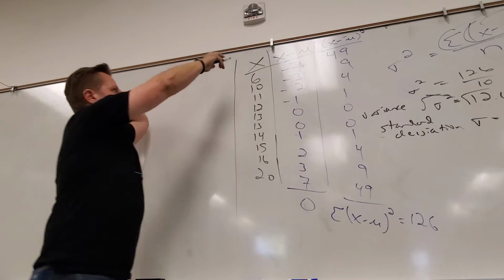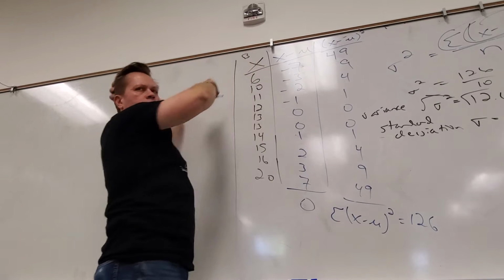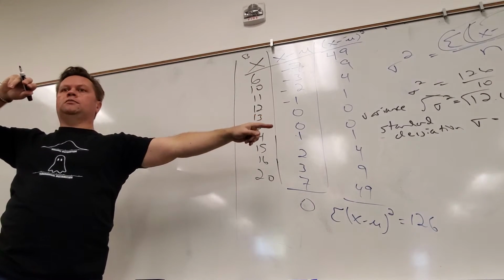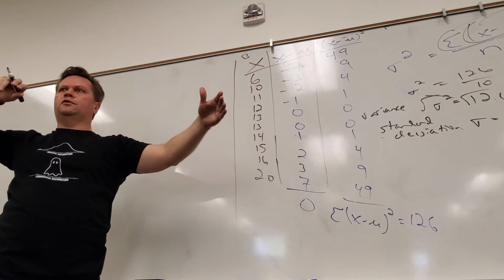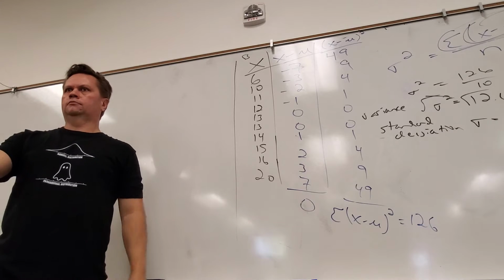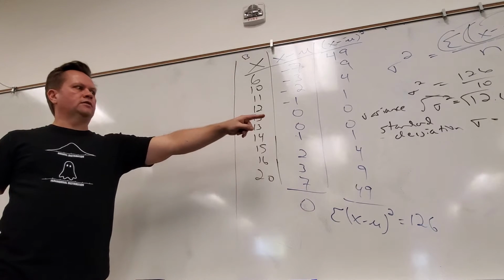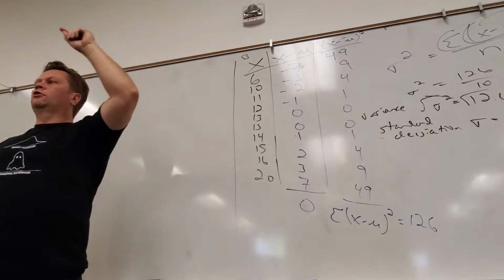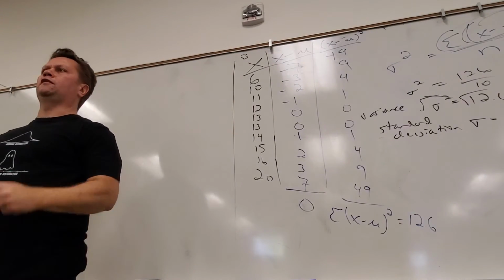By the way, this was group D, right? Would the standard deviation be larger or smaller for D? For group D, we got a standard deviation of 3.550. Would it be bigger or smaller for group D? What does standard deviation measure?